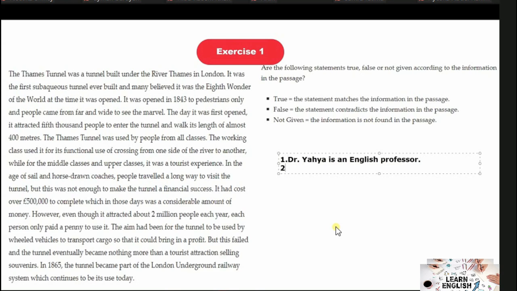Number two, he has 3 sons. He is into reading science fiction most.